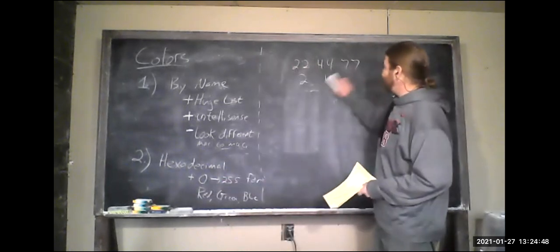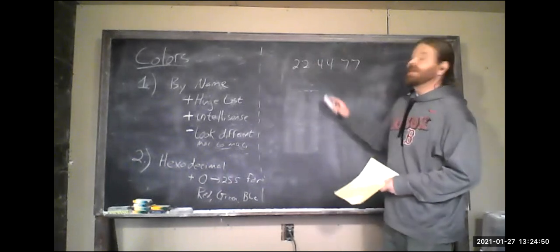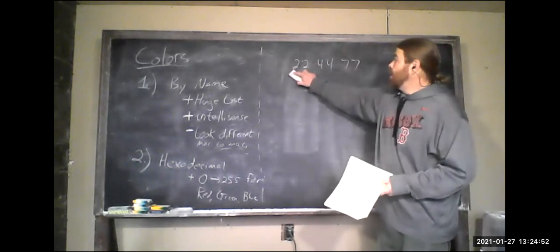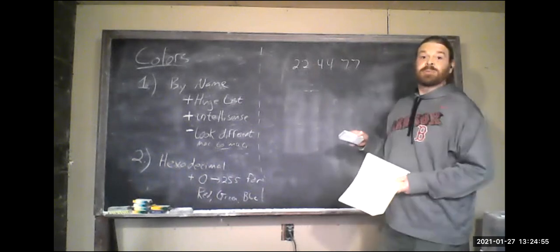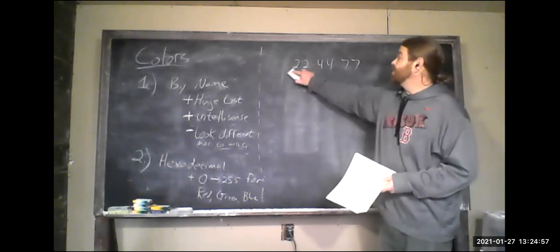But that might confuse it, so I just wanted to very quickly make that note that it is possible. But for starting out here, just work with the six digits.